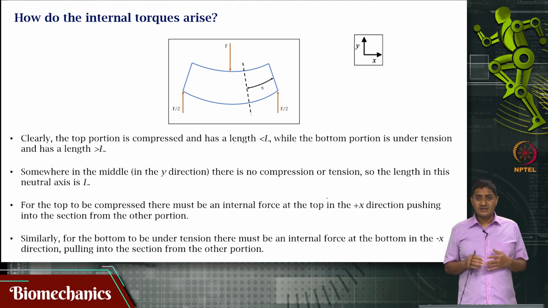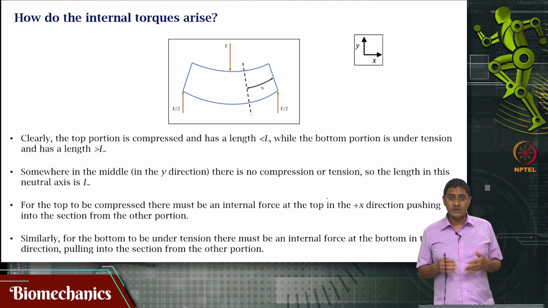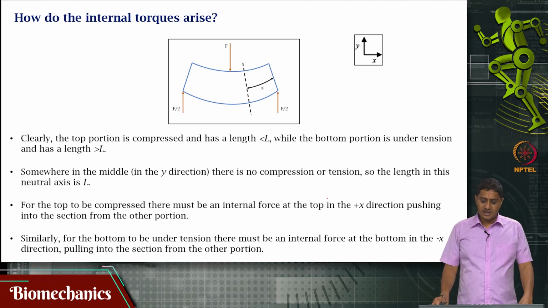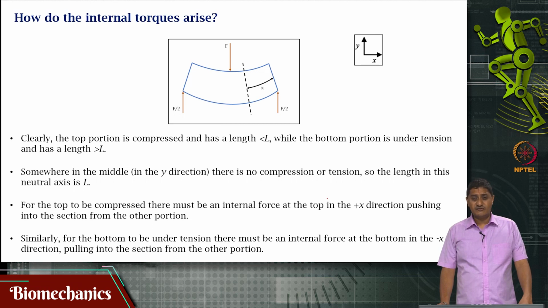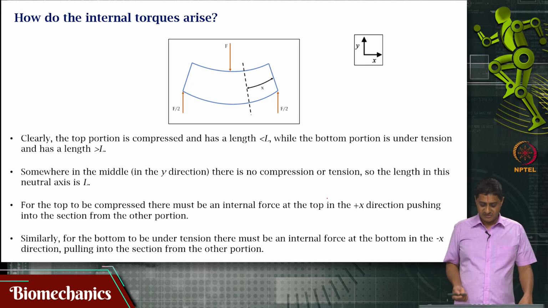Somewhere in the middle you are going to have this neutral axis where the length is equal to L. Now, for the top portion to be compressed, there must be an internal force at the top in the positive x direction, right? Because that is when the top portion will be compressed.